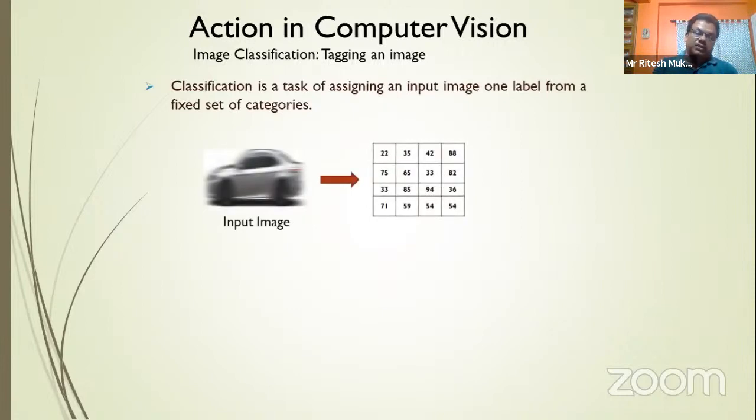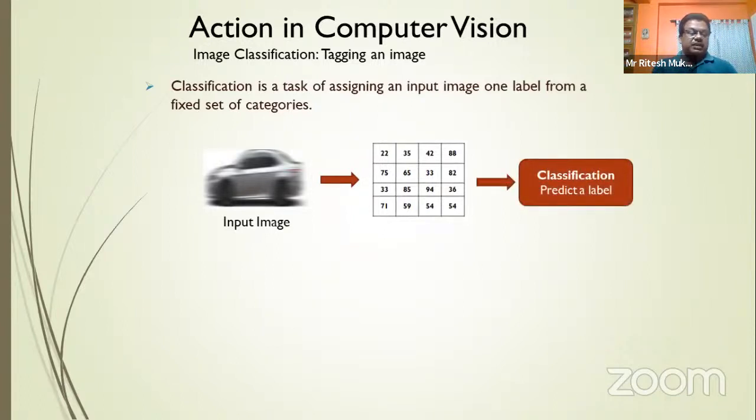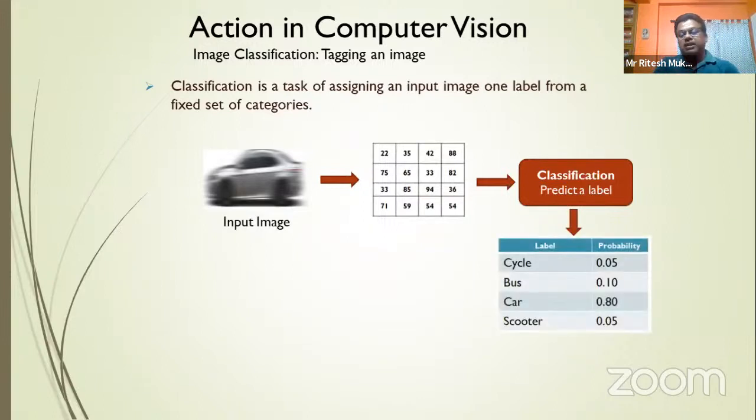See, this is a pictorial example. The input image, as I said, if it's a grayscale image, will be reflected as a matrix only. Now, you are classifying it. What exactly are you doing? You are classifying it to understand what is appearing in front of you. So the probability of this image being a cycle is 0.05.